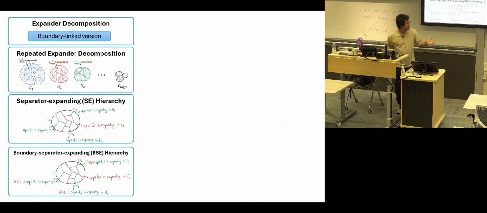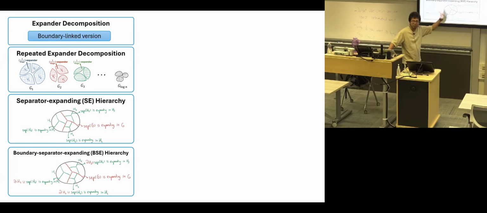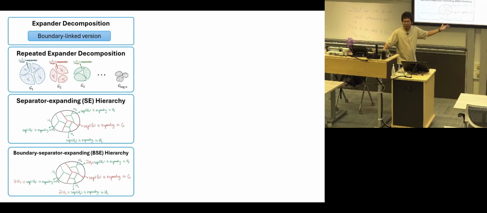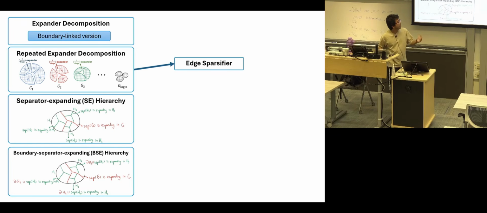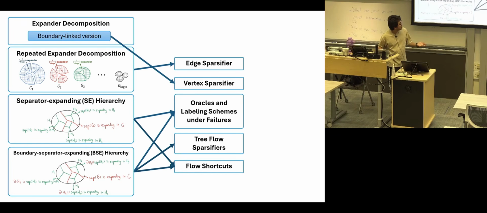And now this graph structure, the hierarchical decomposition of the graph, will lead you to some nice applications in theory, like to sparsify the graph, to reduce the number of edges in this graph, and something else.